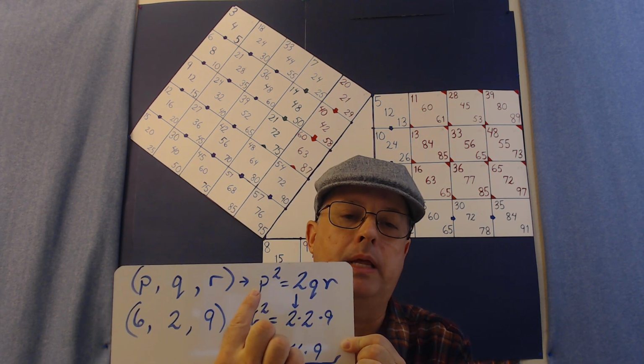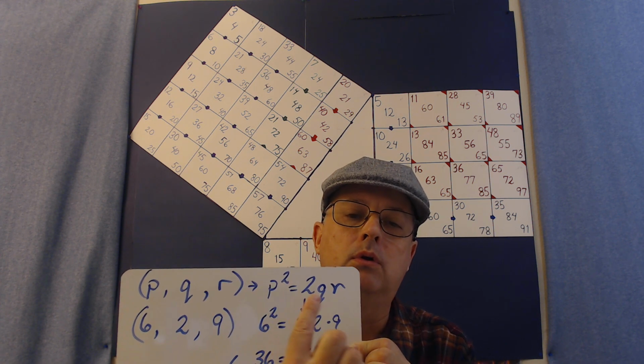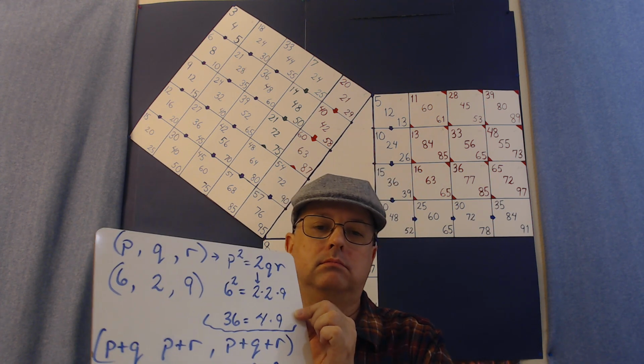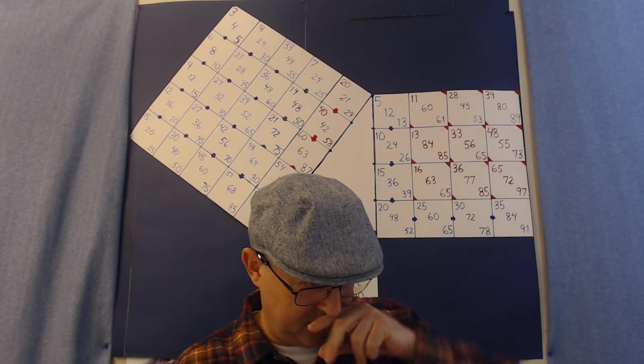So the p has to be even, and then p squared will be even, and then it will be equal to 2QR. Okay? And if it's not even, well, then it's not even going to work. Okay. All right. So p has to be an even number. Okay? And so let's show how we can always find the P and the Q and the R value from the Pythagorean triple, A, B, C.